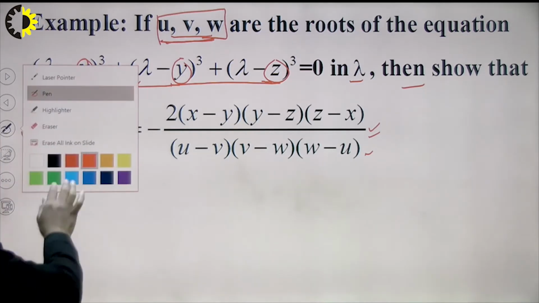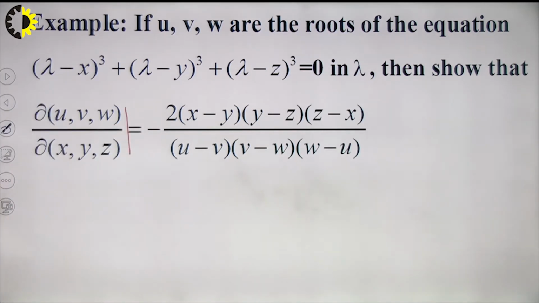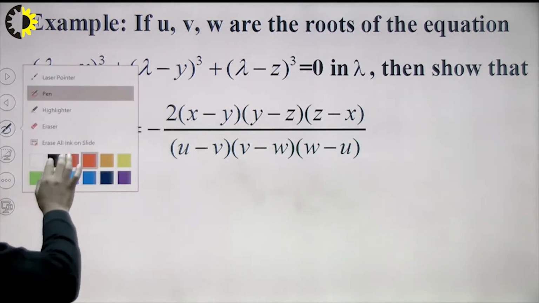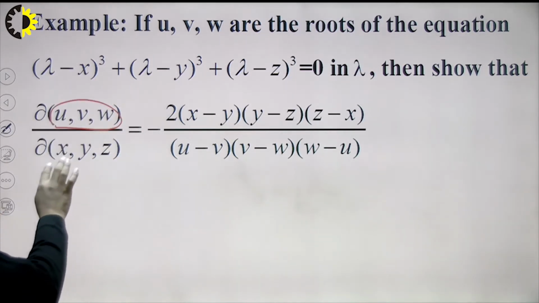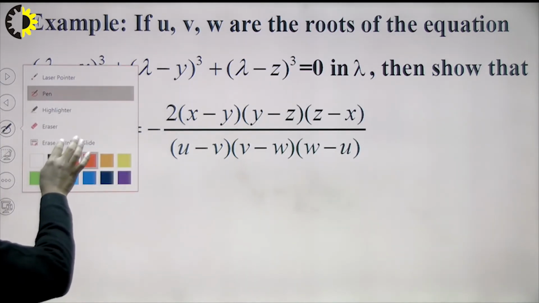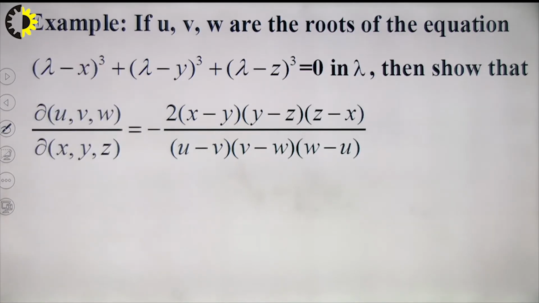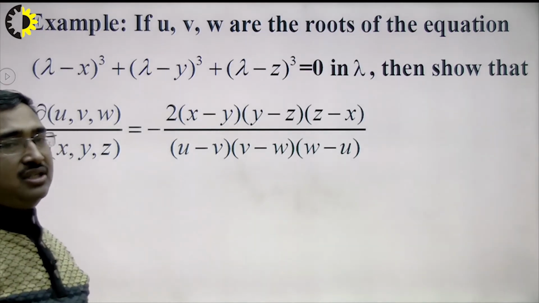Now to evaluate this Jacobian, we can directly see that it is not possible to find u, v and w in terms of x, y and z in a simple form. So the traditional process in which these functions are expressed in terms of these variables will not work, and ultimately we need to apply the process discussed in this lecture, where we try to find implicit functions involving independent variables and functions.